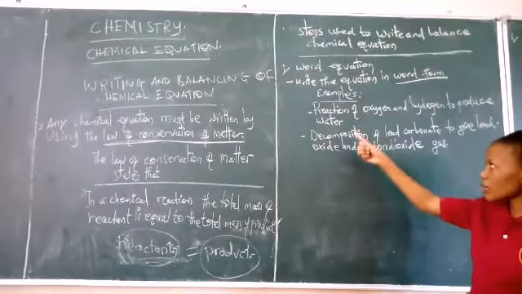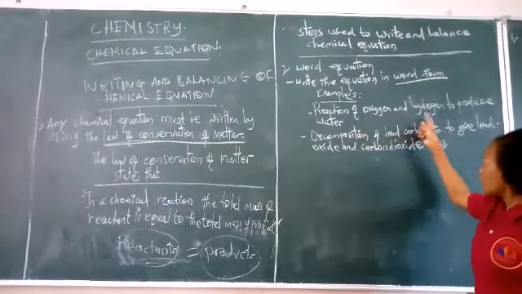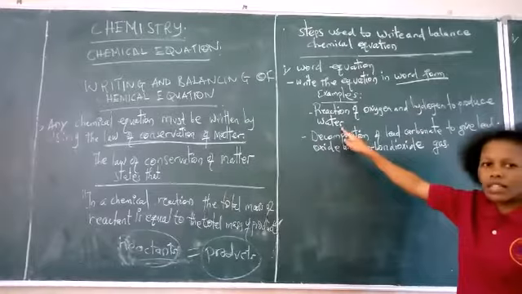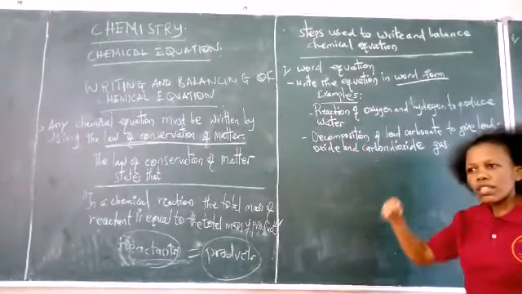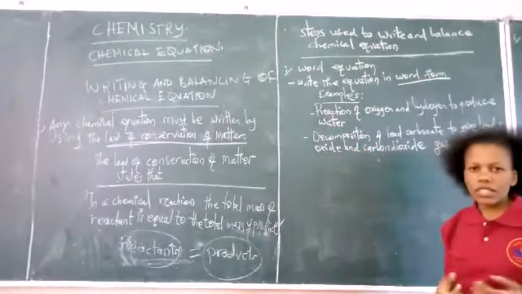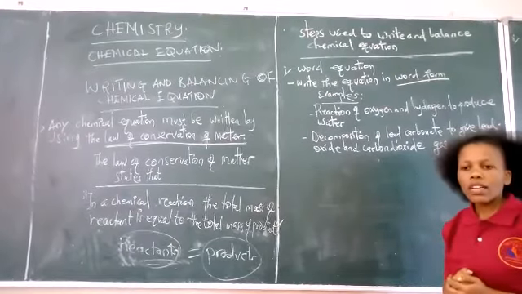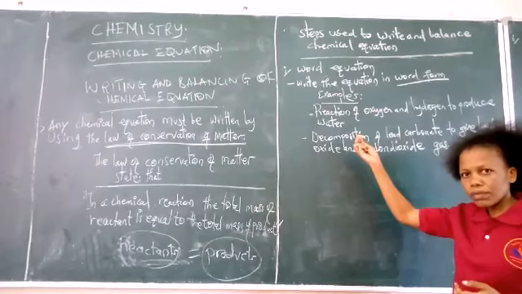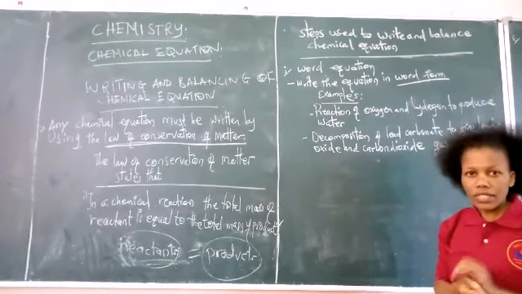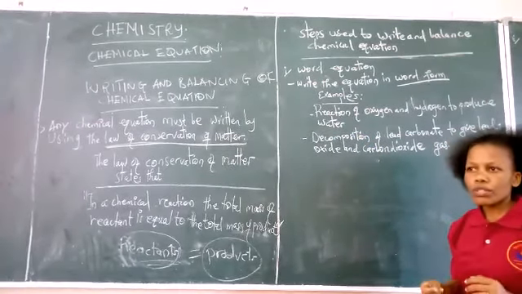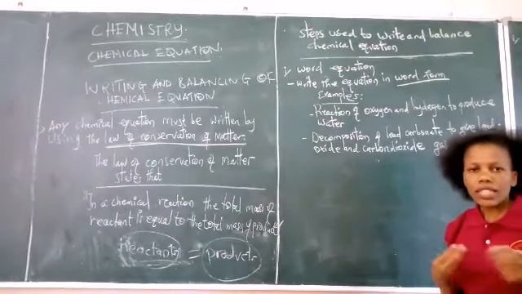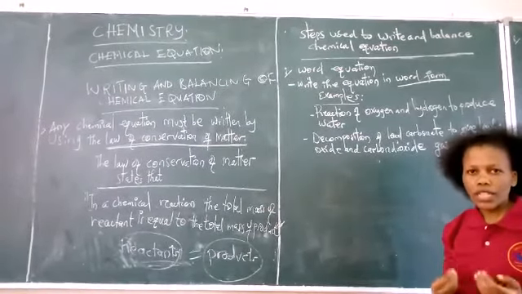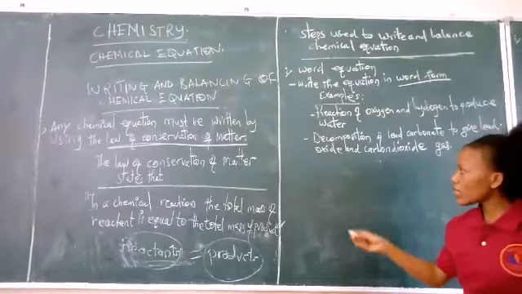We have the first one, reaction of oxygen and hydrogen to produce water. Let's say you react oxygen and hydrogen to produce water, and you have to write the chemical equation for this reaction. In this first step of the word equation, you write the names of those reacting chemicals or substances.